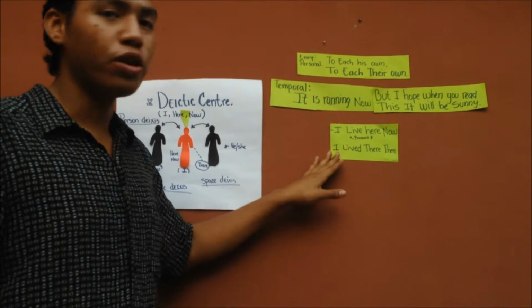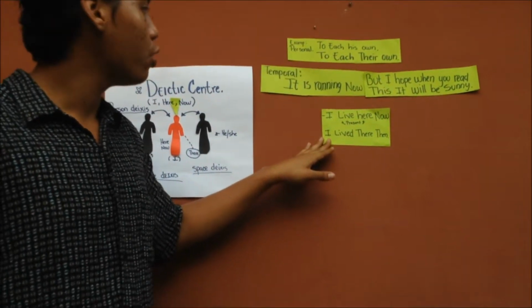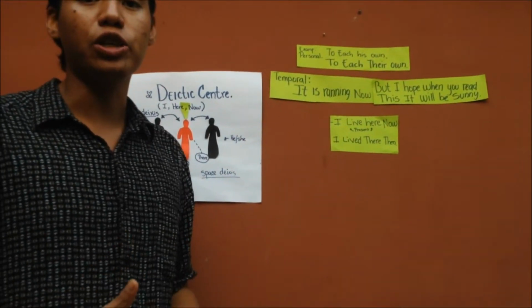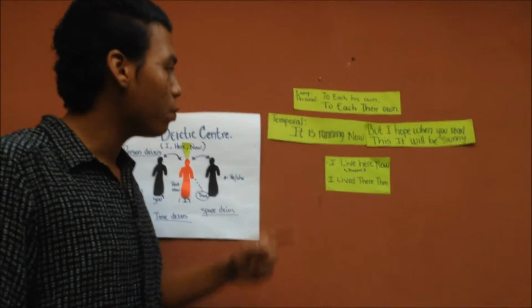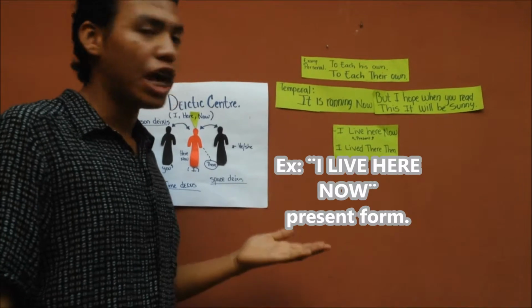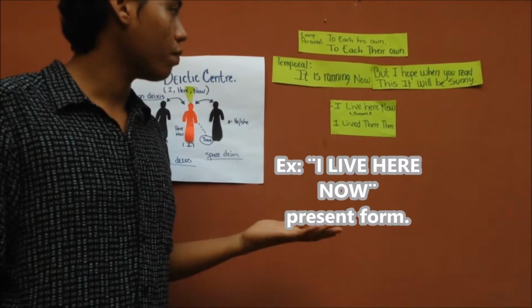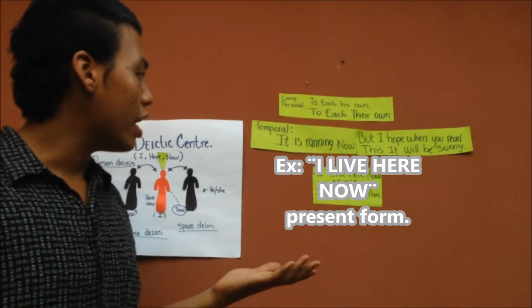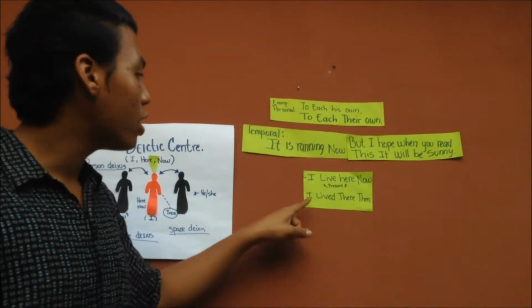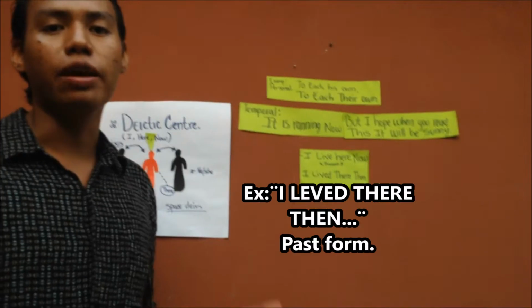Now we have another example for spatial deixis. We can see "I live here now," which is in the present form, and in the past form we have "I lived there then."